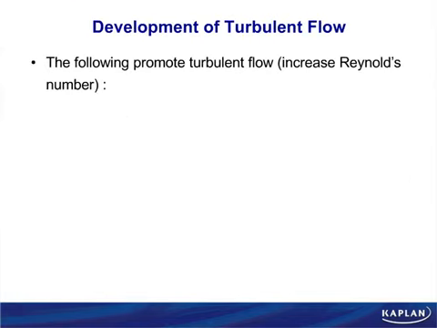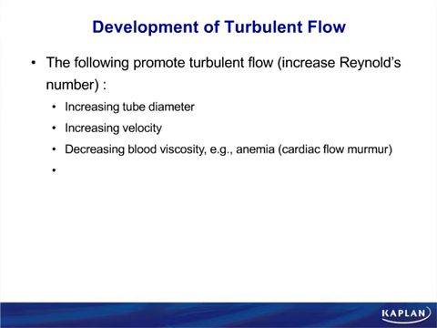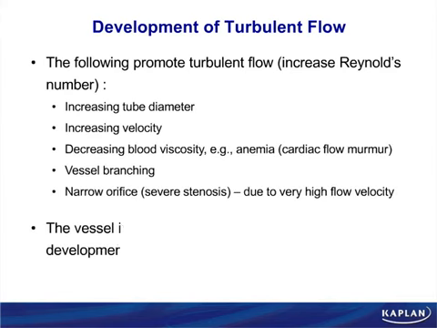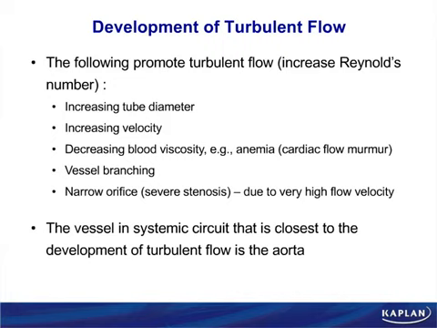All right, so to recap and review again, development of turbulent flow. What's going to promote the likelihood of turbulent flow? Increasing the tube diameter, increasing velocity, or decreasing viscosity. Those are going to be the big players.